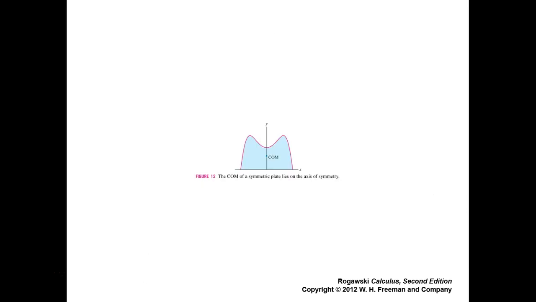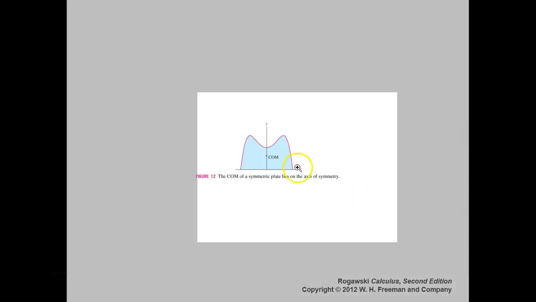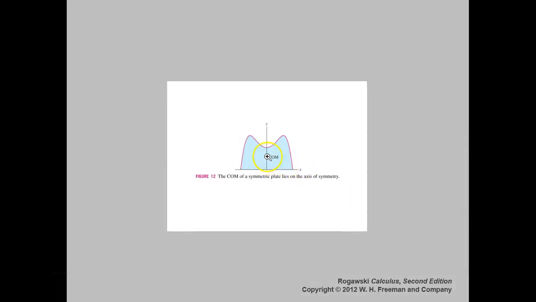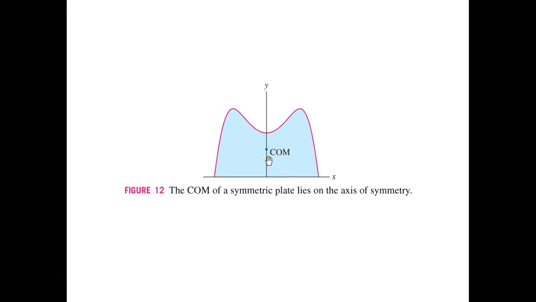Now, here's a place where things can get easier. Again, we're assuming you're dealing with a lamina, centroids, not variable densities, uniform density. If you have something that's symmetric, the same on the left as it is on the right, then you know the center of mass has got to be in the middle, between the left and right.